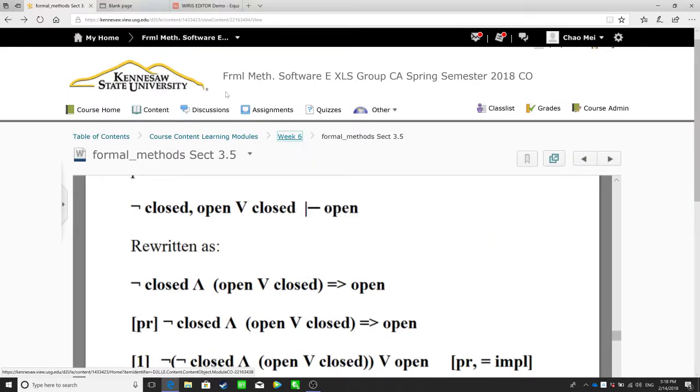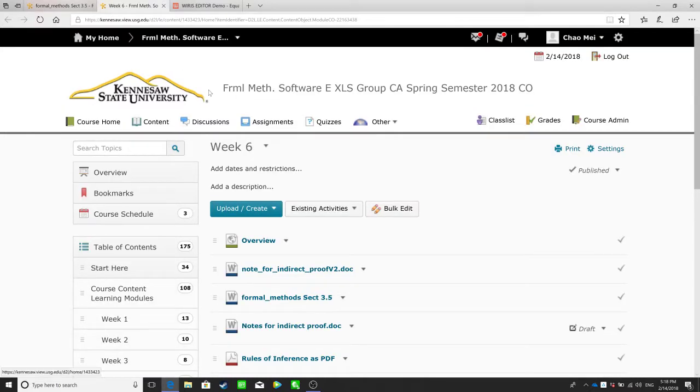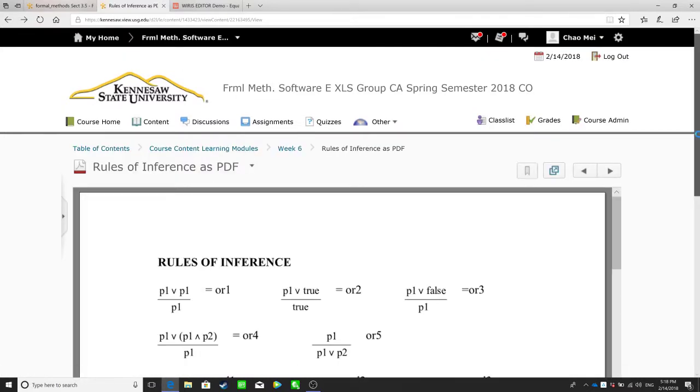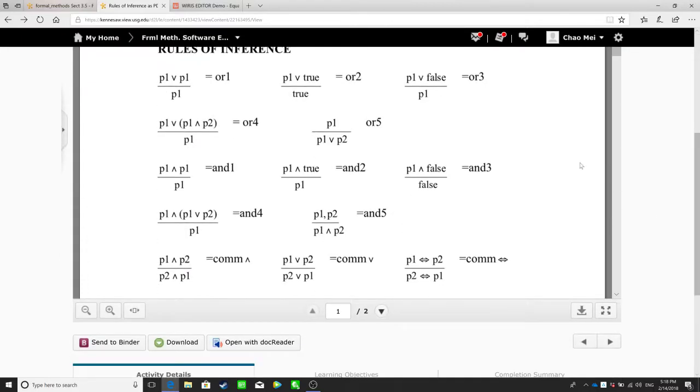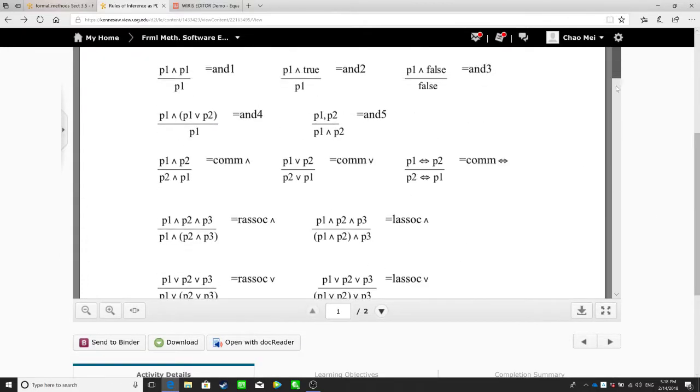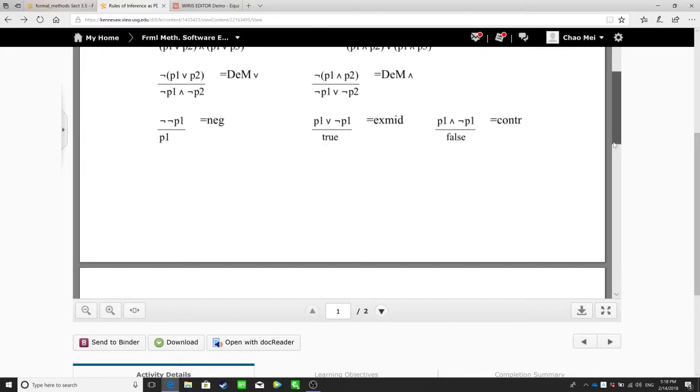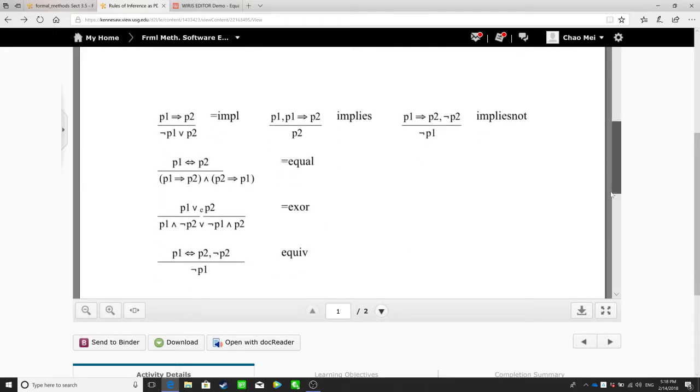If you still remember, this is a very critical part. We have the implication, IMPL.